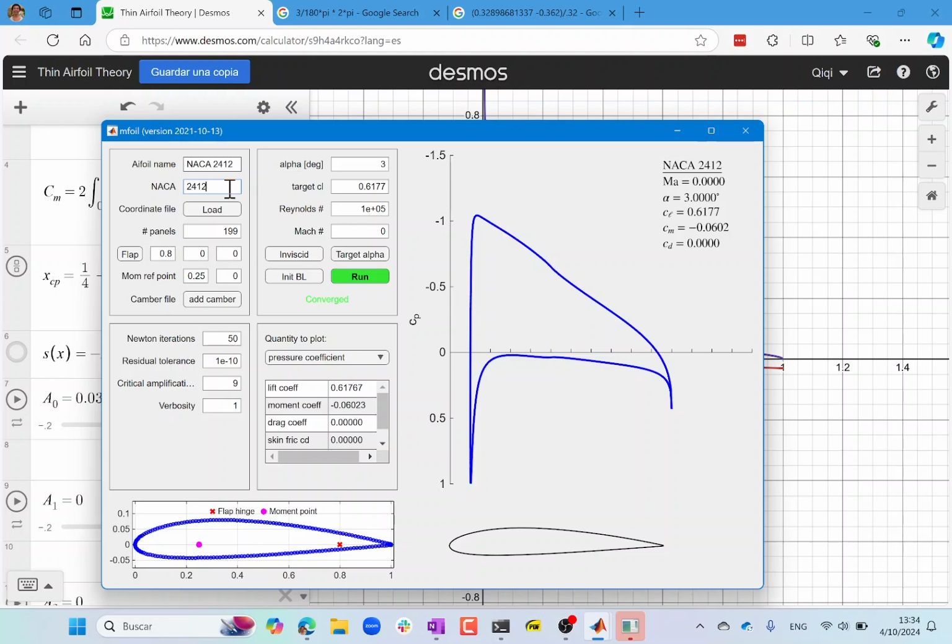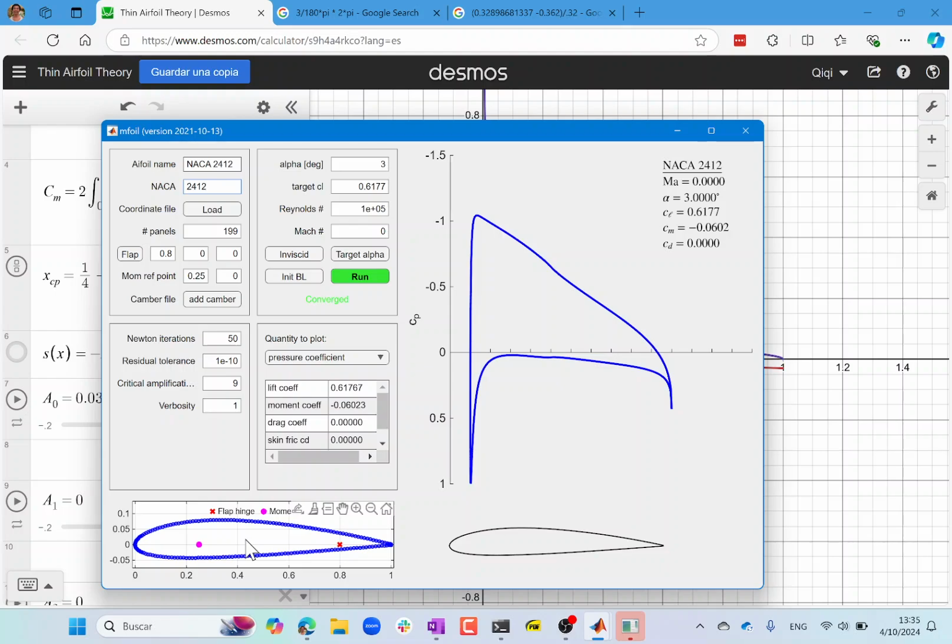D over C, D means the maximum camber. By the way, camber is basically the midline between the upper and lower surface. That's what we call camber of an airfoil. So that means the midline would deviate from the x-axis by a maximum of 2% of the chord. So not much, right? But 2% of a camber can already make a pretty significant difference aerodynamically.